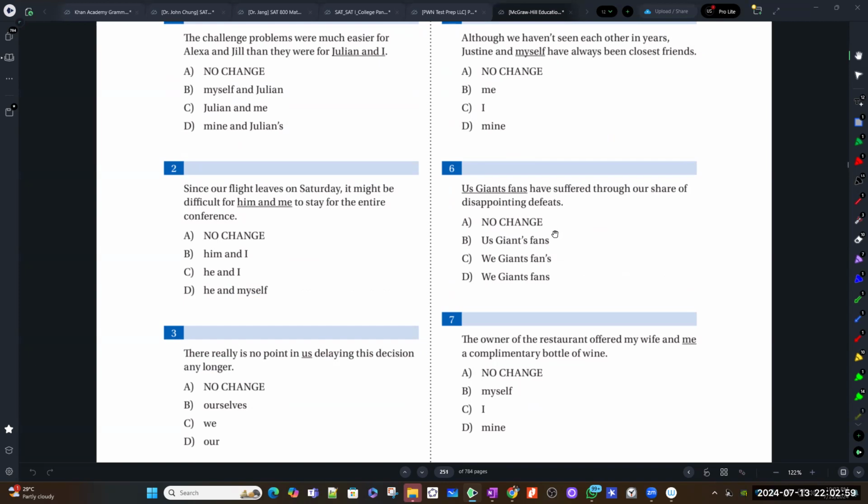So is it correct as is, or is B the right option?